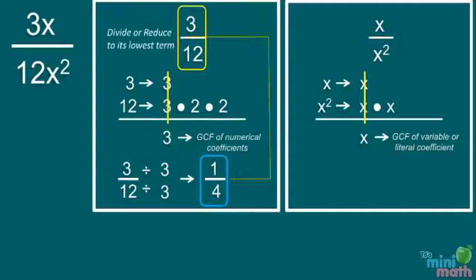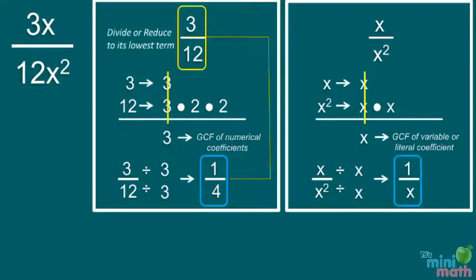So the GCF of the variable or literal coefficient is x. Then we're going to divide the numerator and the denominator by the GCF. So that is x divided by x and x squared divided by x. So you will get 1 over x.